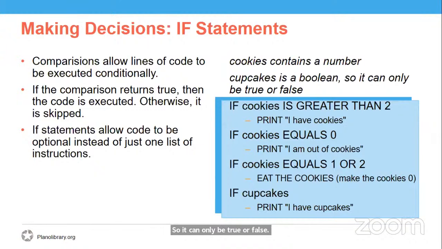So if the number of cookies is greater than 2, then the instruction we're going to give it is to print, I have cookies. If the number of cookies is equal to 0, then it prints I'm out of cookies. If the variable cookies equals 1 or 2, you eat the cookies and set the amount of cookies to 0 because they've been consumed.